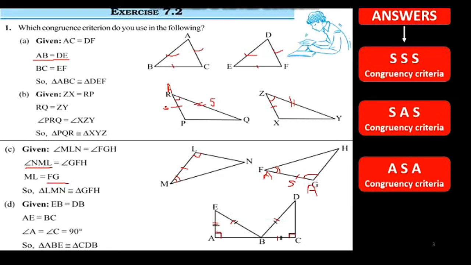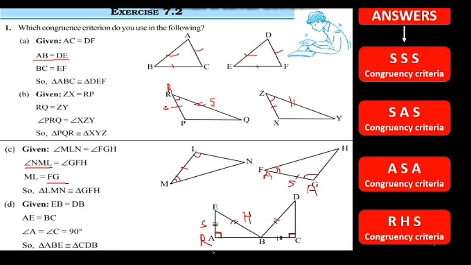You can see right angles are equal, hypotenuse are given and equal, and one side is also given equal. So right angle, hypotenuse, side. Which congruency criteria? It is RHS congruency criteria, and the triangle ABE is congruent to triangle CDB.